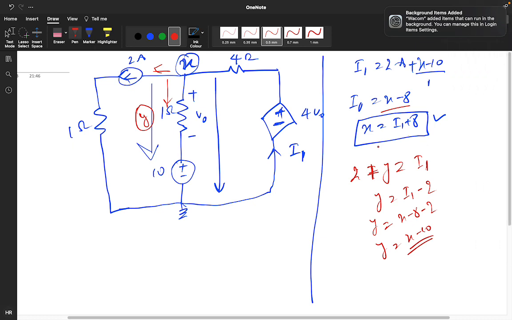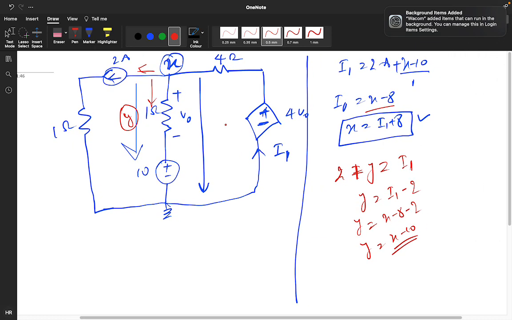Prasanna, are you getting the things or not? Just tell me. See, what I am doing, you are not getting, right? This is your junction. If at this junction I1 current is entering, and 2 ampere current is leaving, what will be the particular current?